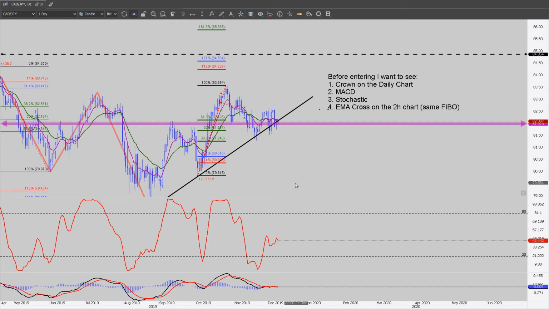We learned about crowns, and lastly we learned about indicators.